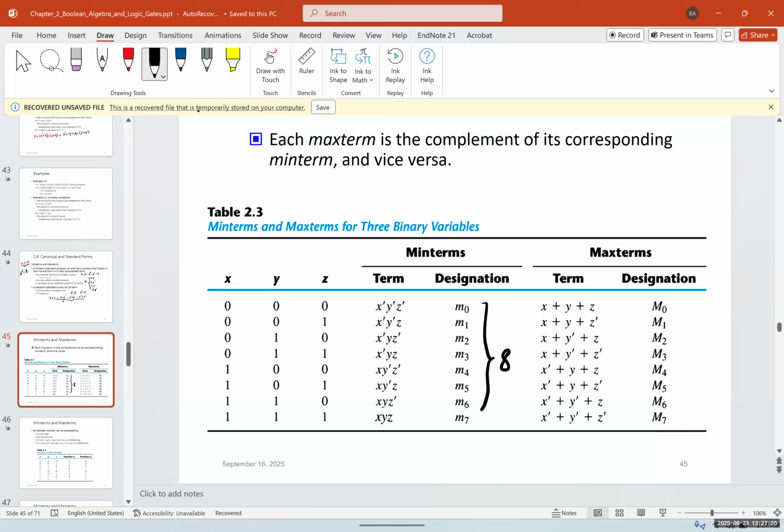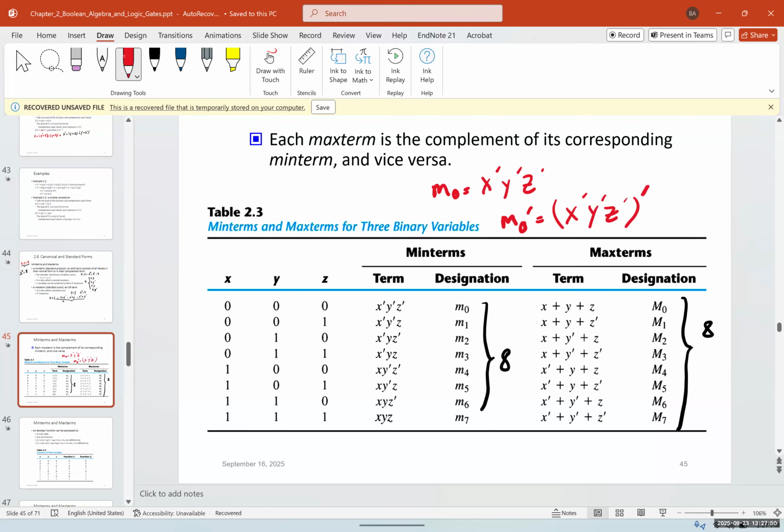And for the max terms, we show it with the capital or uppercase M. Again, we have 8 different combinations. And the interesting part here is, let's say m0 is equal to x prime, y prime, z prime, and I want to find m0 prime. So m0 prime is going to be x prime, y prime, z prime, prime.